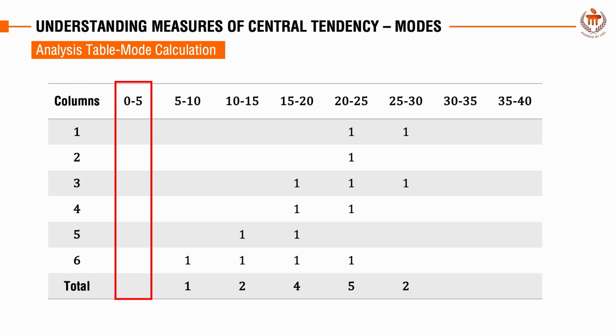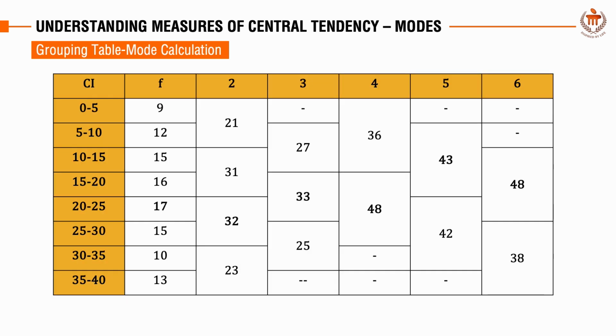What is the highest value in column 1? The highest value in column 1 is 17, right? And that 17 belongs to the class interval 20 to 25. And then in column 2, the highest is 32.